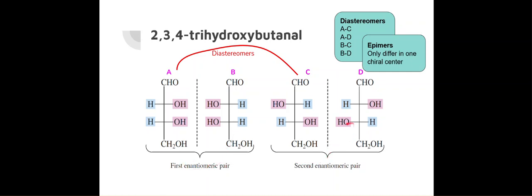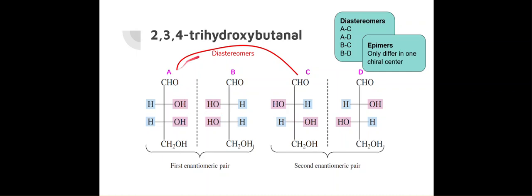C and D are also enantiomers because they're mirror images. Here we have H and H with the OH in the back, and here the OHs are in the front and the Hs are in the back. Again, both of these carbons are still chiral, so you're not going to be able to superimpose D onto C in any way. So these two are enantiomers.